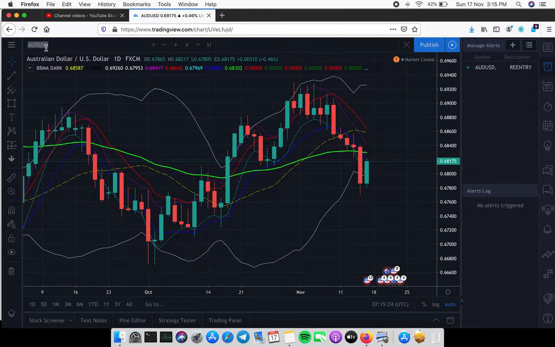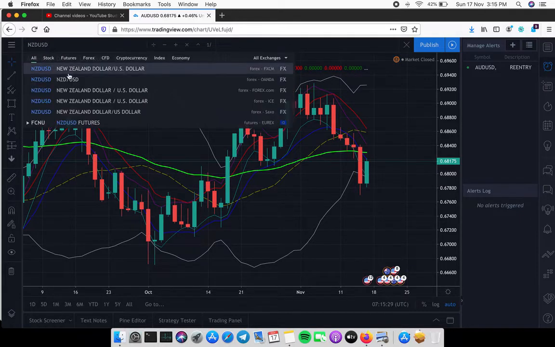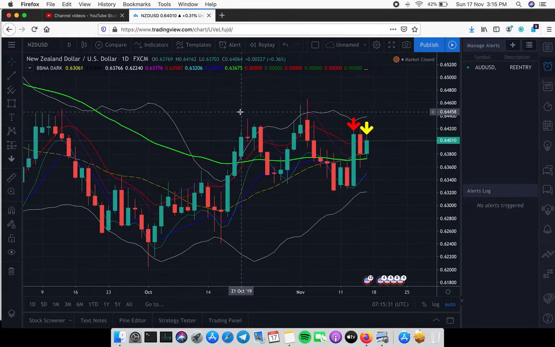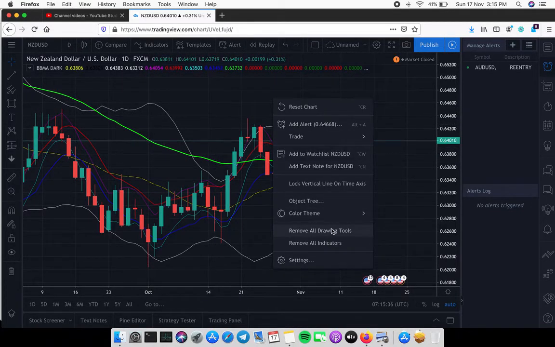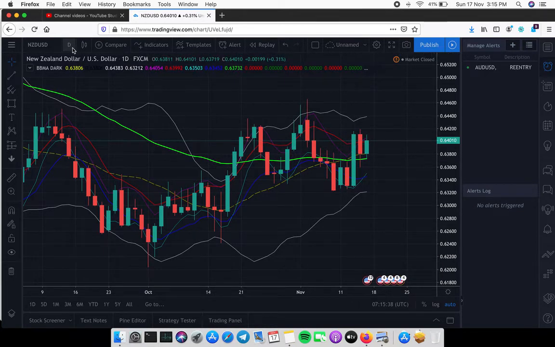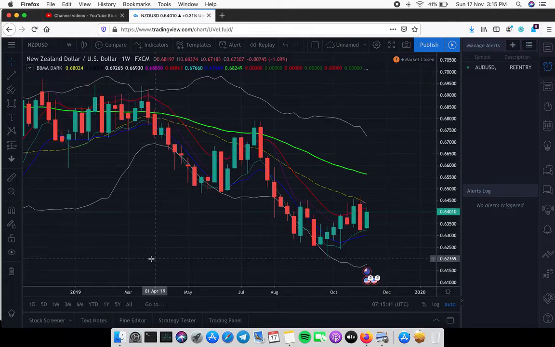Next pair we go for NZD USD. Let's see how NZD USD looks. Let me clear that first. Go for weekly. In weekly, NZD USD looks like a re-entry buy, extreme buy, TP wajib, MHV, but there's no CSAK yet.